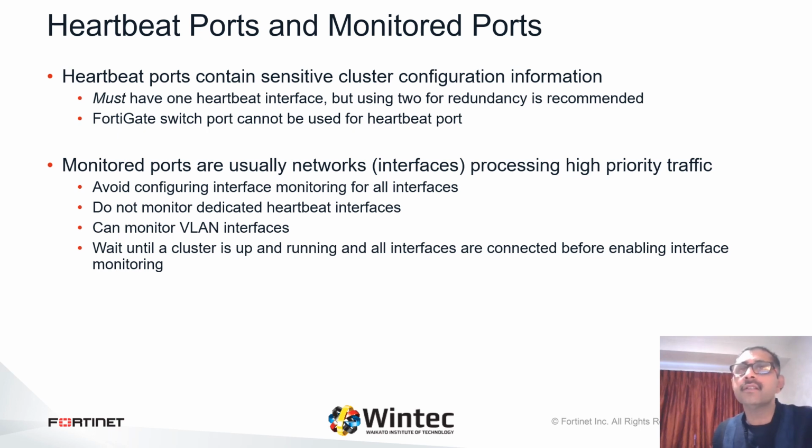As a best practice, configure an alias for the heartbeat interfaces. It helps to identify what these interfaces are being used for in a high availability cluster. Also remember that heartbeat communication can be enabled for physical interfaces, but not for VLAN sub-interfaces, IPsec VPN interfaces, redundant interfaces, 802.3ad aggregate interfaces, or FortiGate switch ports.